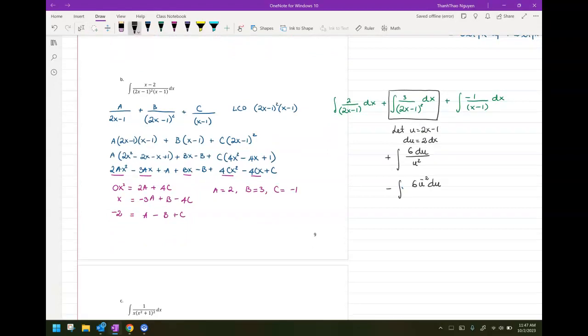The last integral is equal to negative ln of x minus 1 plus c. The integral in front is 2 ln of 2x minus 1.